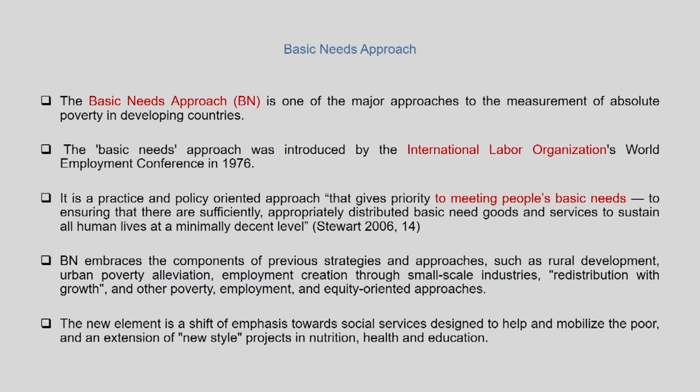Now, the basic needs approach has also been referred to as providing resources to people, and the development discourse over the period of the 1980s and the 1990s has focused a lot on distributing resources to people, providing assets to people.